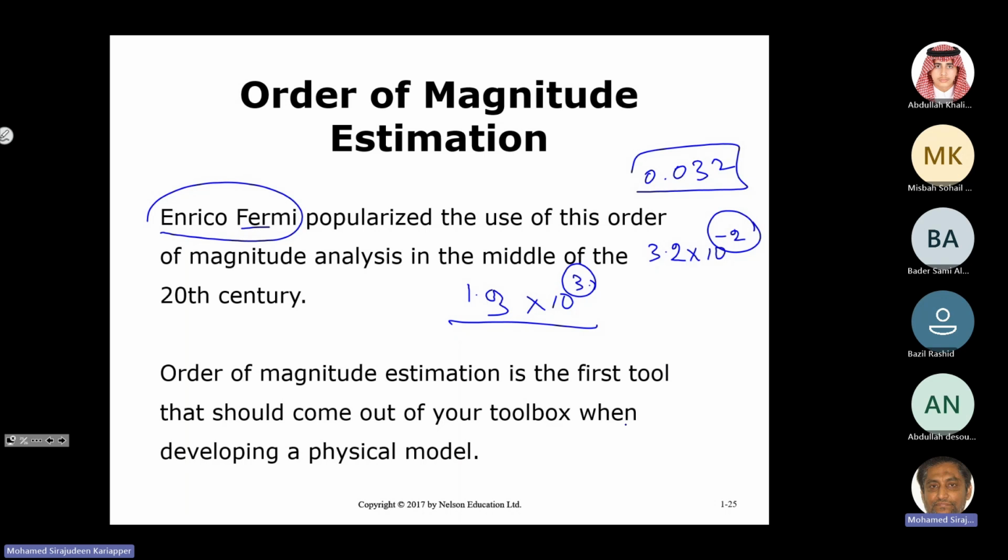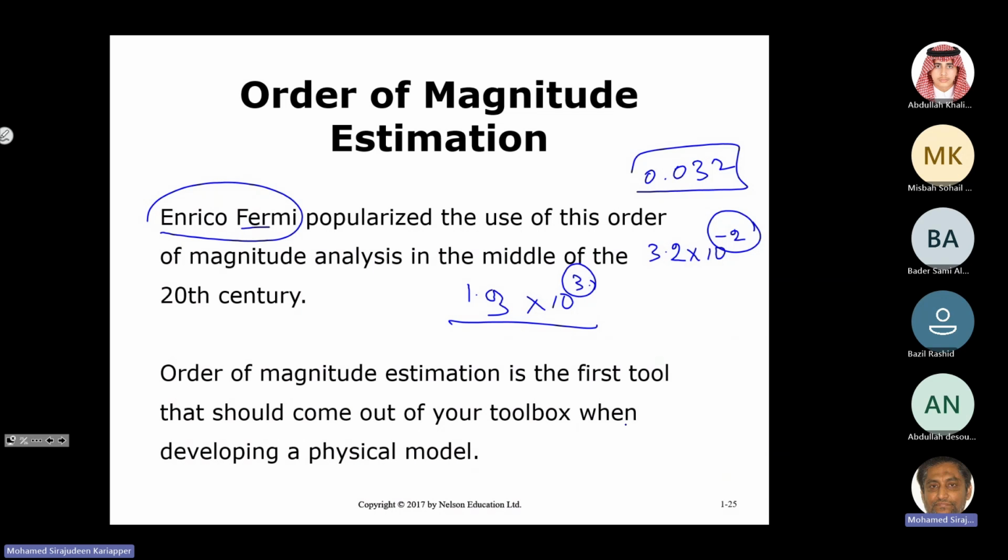Sometimes you need to give an answer, not very accurately, but to the order. For example, what is the volume of your living room in meter cube?